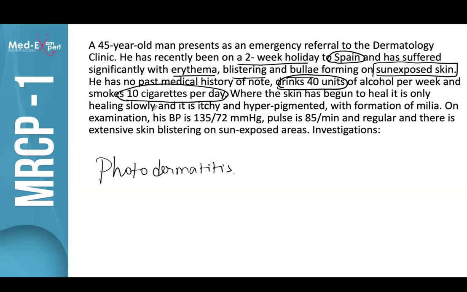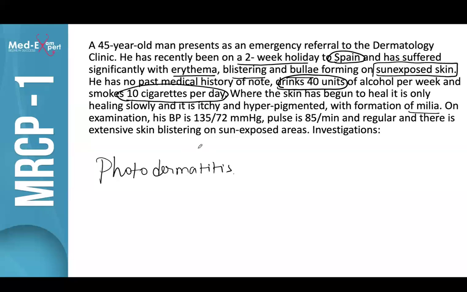Where the skin has begun to heal, it's only healing slowly. It's itchy, hyperpigmented, with formation of milia. On examination, the BP is 135 by 72 millimeters of mercury, the pulse is regular, and extensive skin blistering is seen in sun-exposed areas.